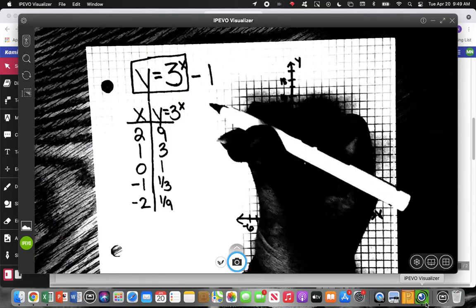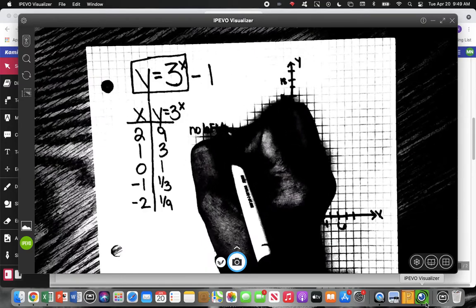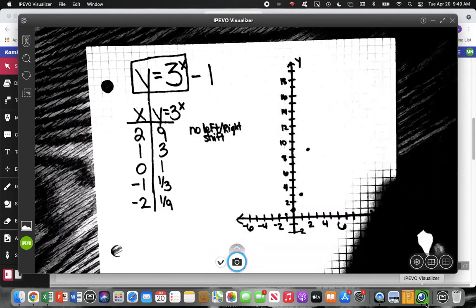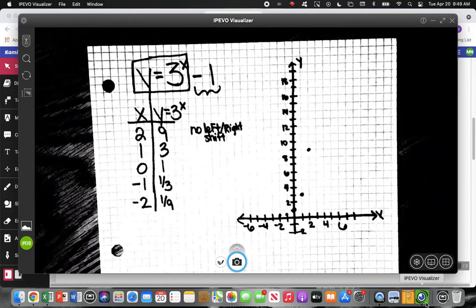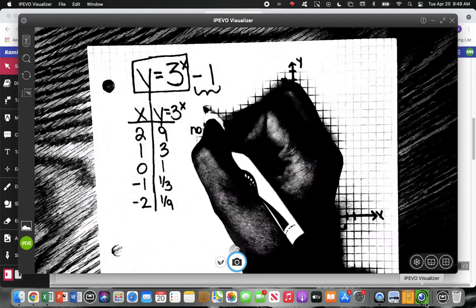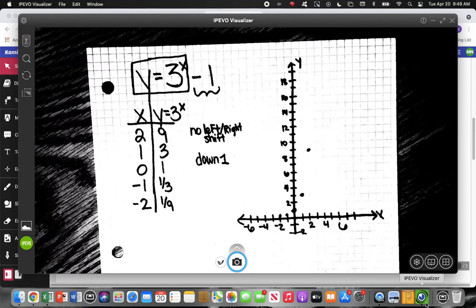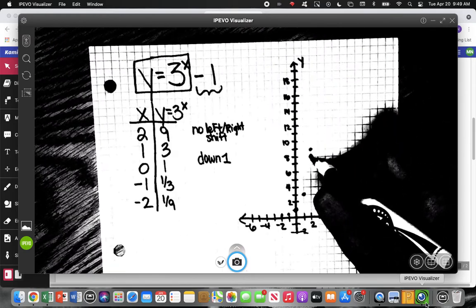All right, so on this one, there is no left or right shift. But what does this shift tell us to do? That goes down 1. So every single point that you just graphed just needs to get moved down 1.